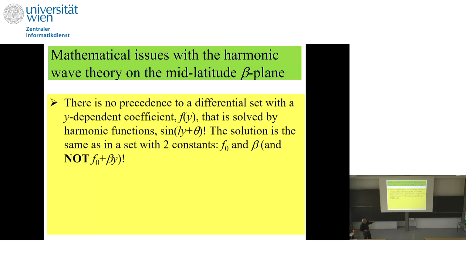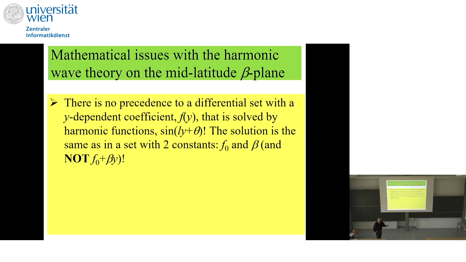The first one: when you have a y-dependent coefficient in your equations, you never have solutions that behave in a harmonic way in the y direction, the direction where the coefficient is varying. Sine and cosine behaviors typify an equation with constant coefficients. They don't typify an equation that has a y-dependent coefficient.